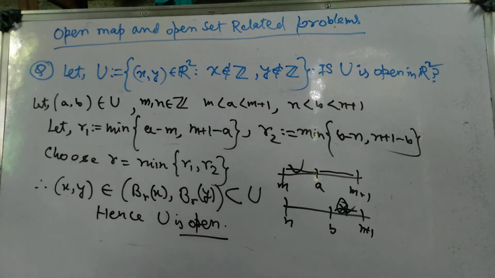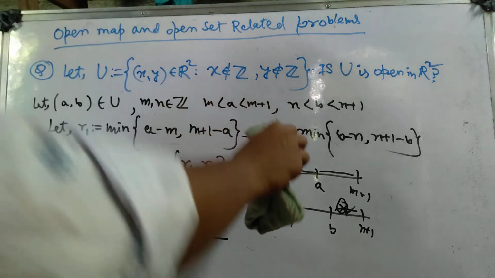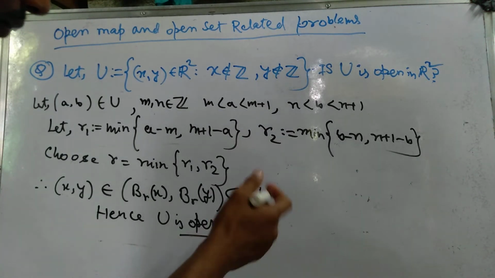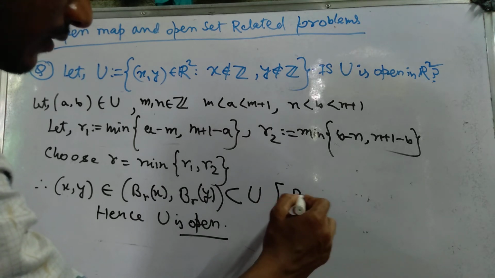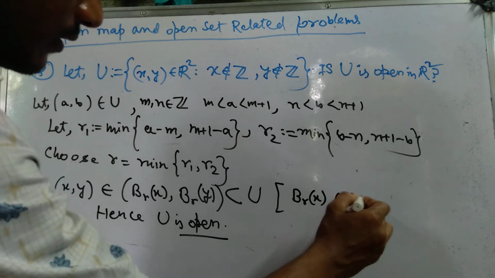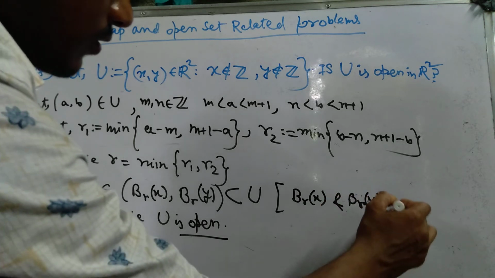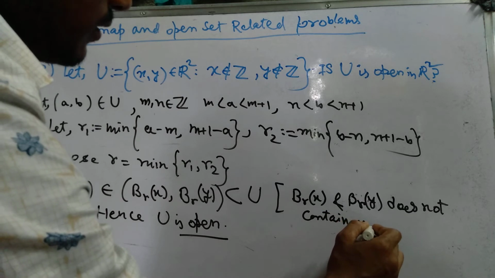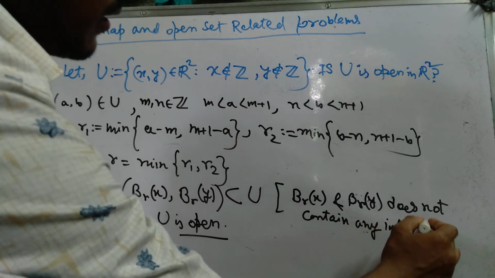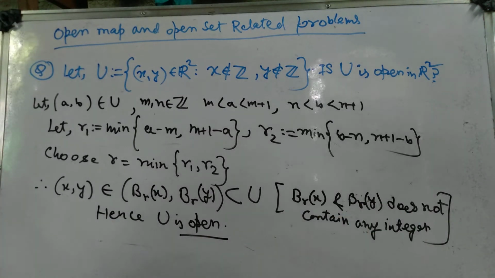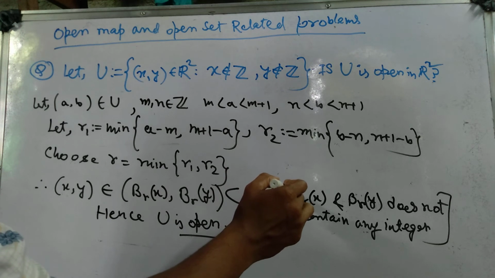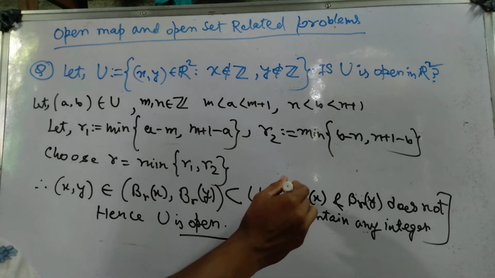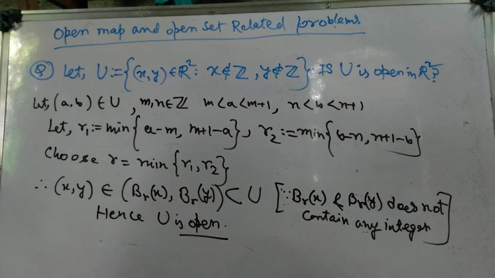So B_r(x) and B_r(y) do not contain any integer. If this is possible, then U is open.